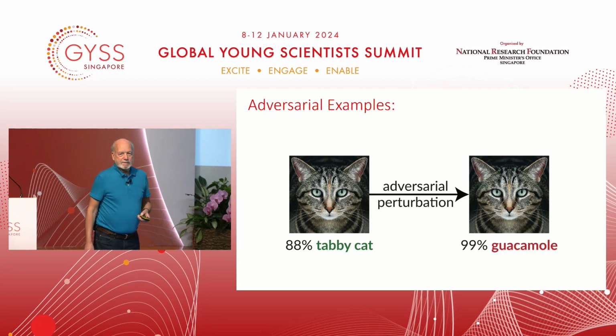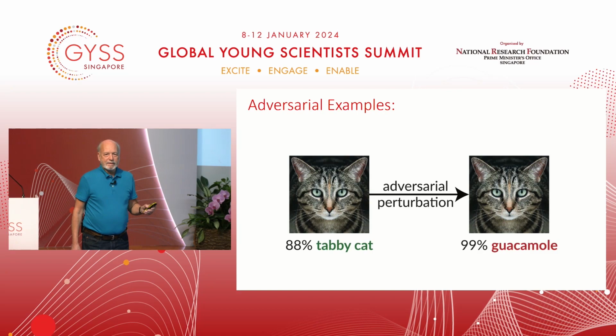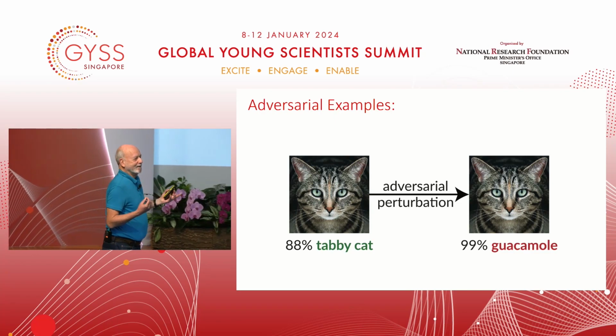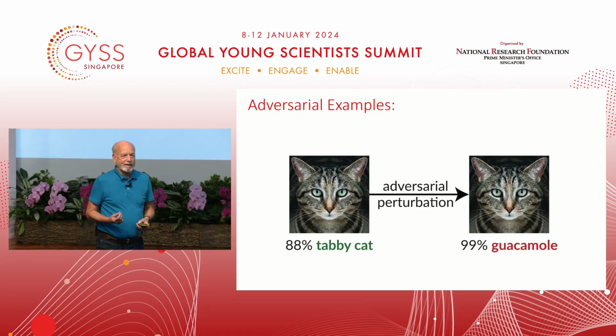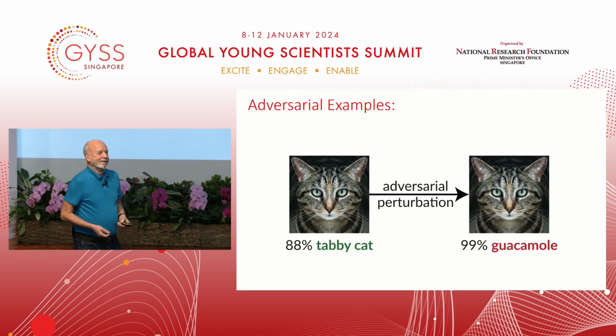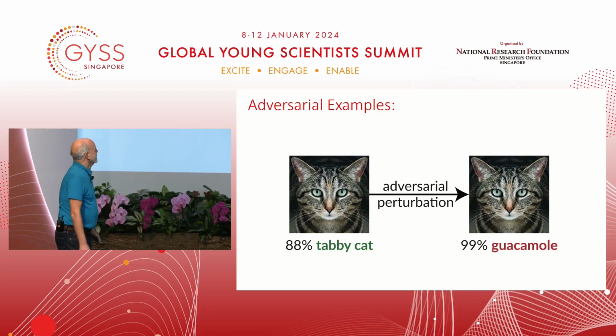And with 99% confidence level, the best available deep neural network, which does a great job at recognizing cats, will say this is guacamole. It is absolutely sure. How come successful deep neural networks make such stupid mistakes that even a 2-year-old baby will never do?